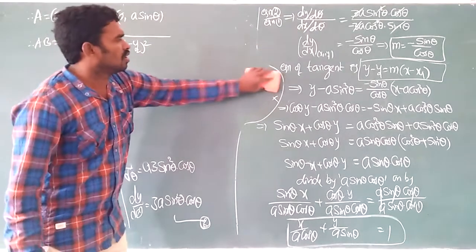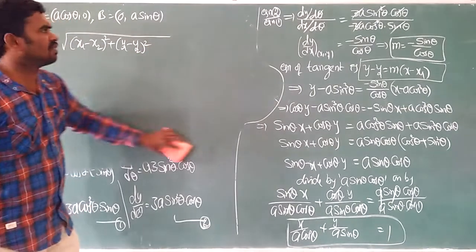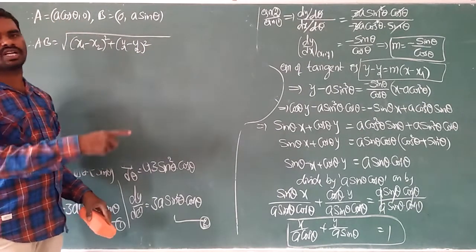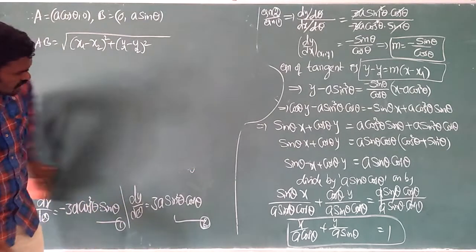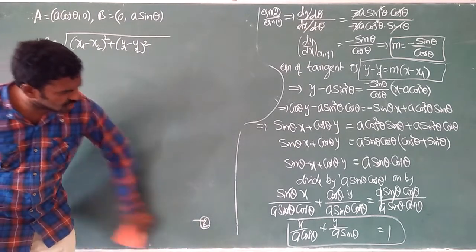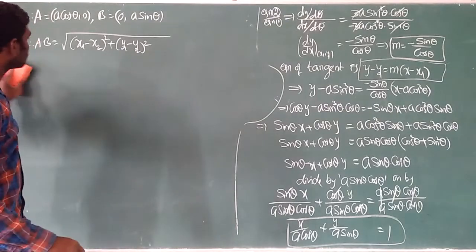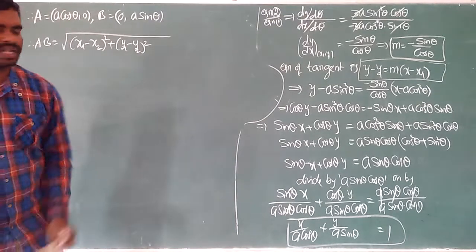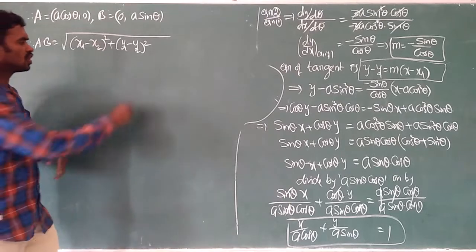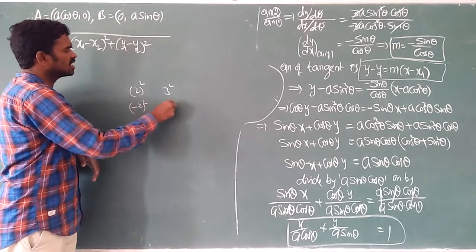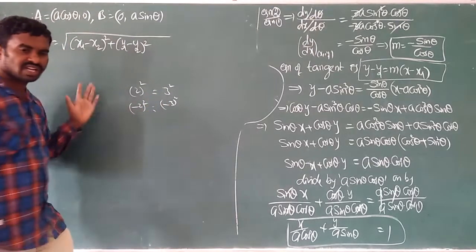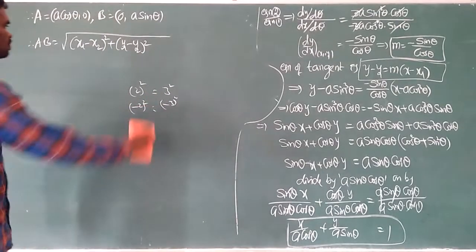But in 10th class level you may have learned always root of x2 minus x1 whole square plus y2 minus y1 whole square. So your mistake there is that you don't know the two formulas mean the same because of the square. Even 2 square is the same, minus 2 square is also the same. 3 square is the same, minus 3 square value is also the same. That's why you can represent it in any way.